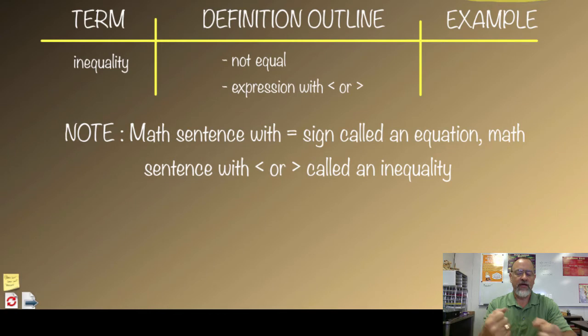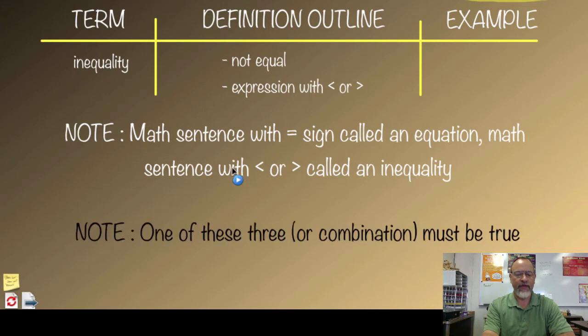And again, understand the language, the preciseness of it, so when we're talking about it in class or with someone else, they know what you're talking about, you know what they're talking about. There's a difference between an equation and an inequality. And as we've already stated, only one of these three can be true. And we can combine, like I said, less than with equal to or greater than and equal to, but we'll talk about that later.